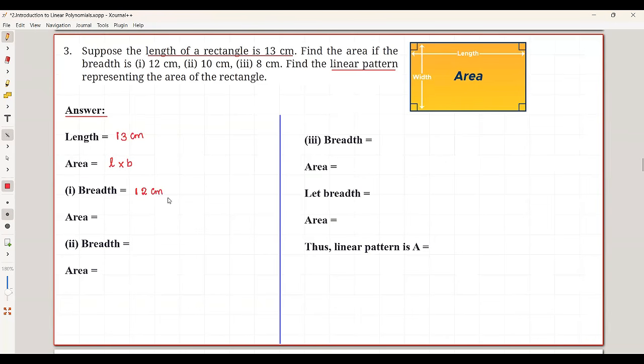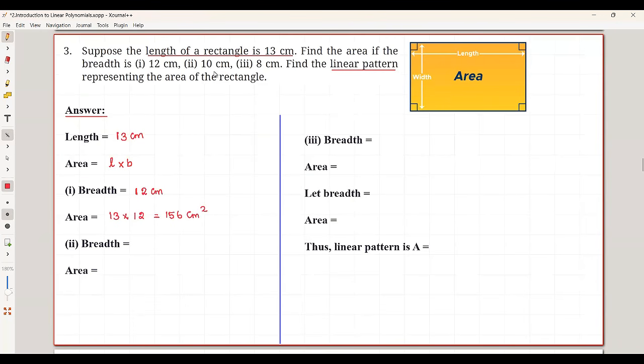So area is equal to length into breadth. Length is 13 into breadth 12, so 12 13s are 156. The unit for area is square unit, that means centimeter square.